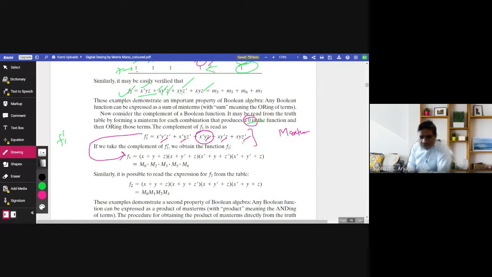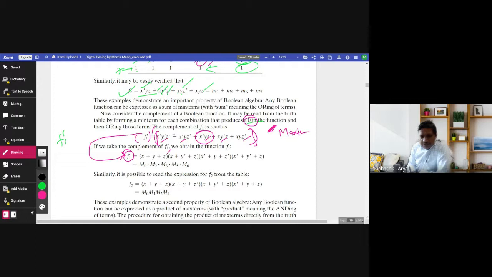Actually the complement is from outside here, on the entire thing, this side and this side also. So f1 double complement will give you f1, and this complement of the entire function is here. So it will go inside, and the addition operator will change into product.